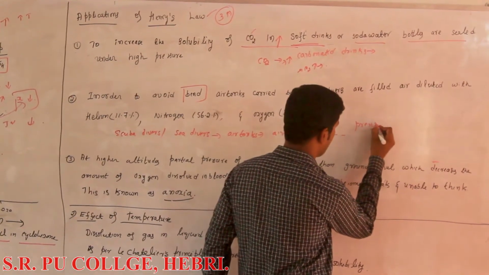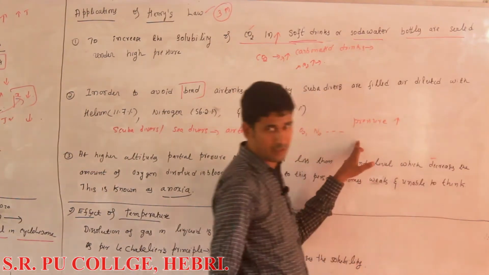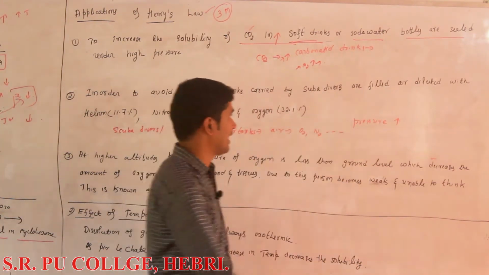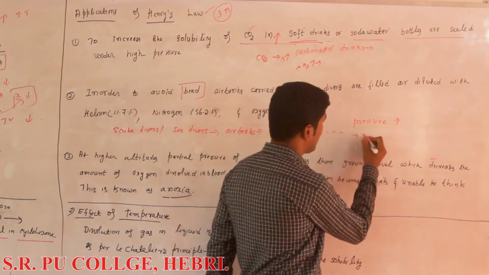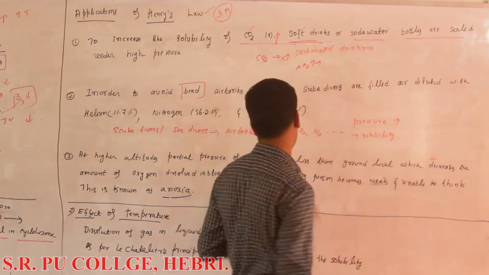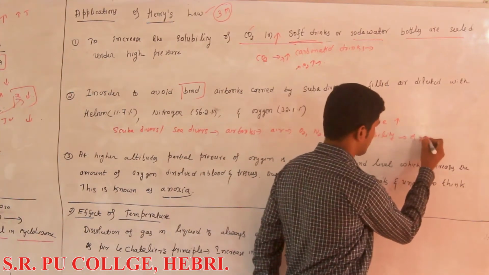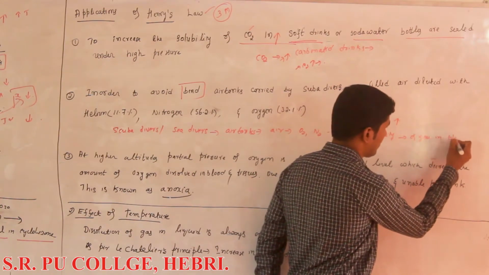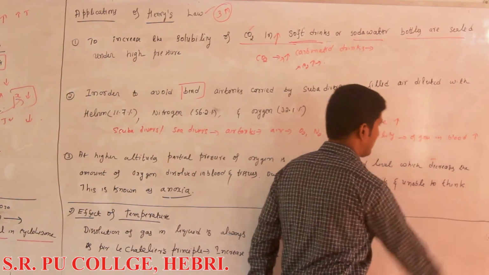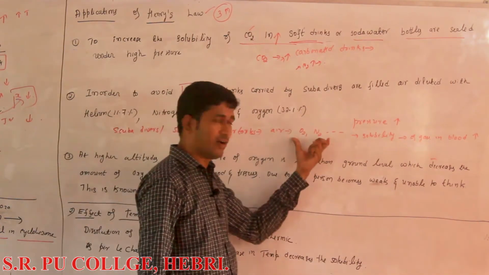Under deep water, pressure is high. At this high pressure, solubility of gases which are present in this air tank in blood increases. Gases means oxygen, nitrogen, all other gases.